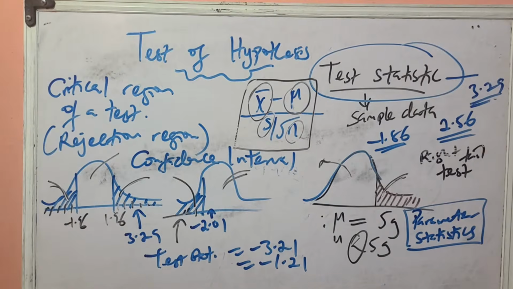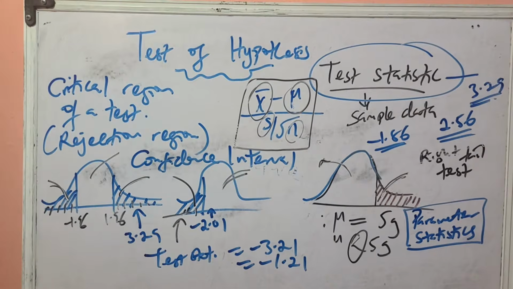And I gave several examples yesterday. I told you we have two different hypotheses. We have the H naught, which is the default hypothesis, and the HA or H1, which is the alternative hypothesis.